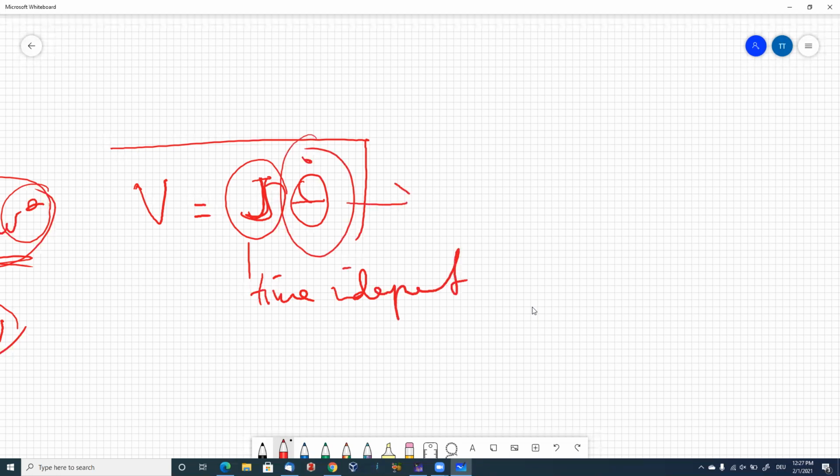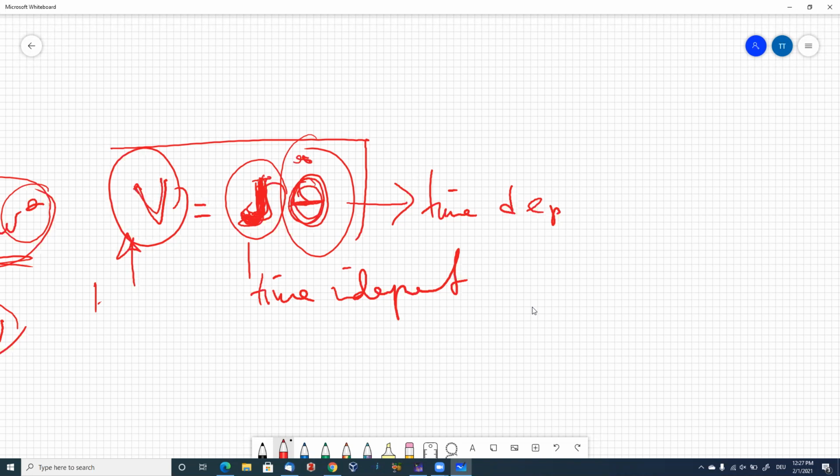The angular velocity is time dependent, and the linear velocity is time dependent as well. So the Jacobian is a time-independent parameter which maps the angular velocity to the linear velocity.